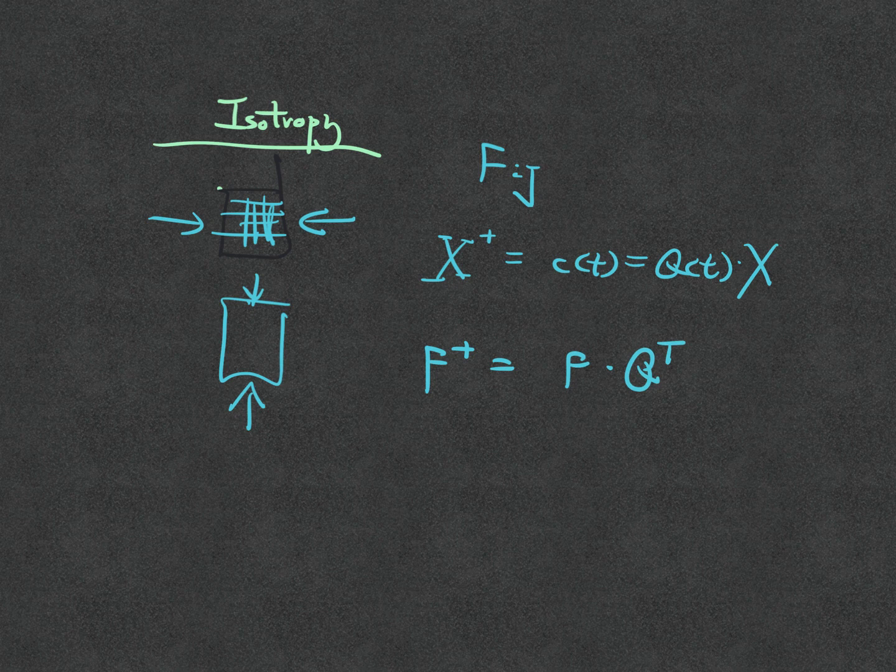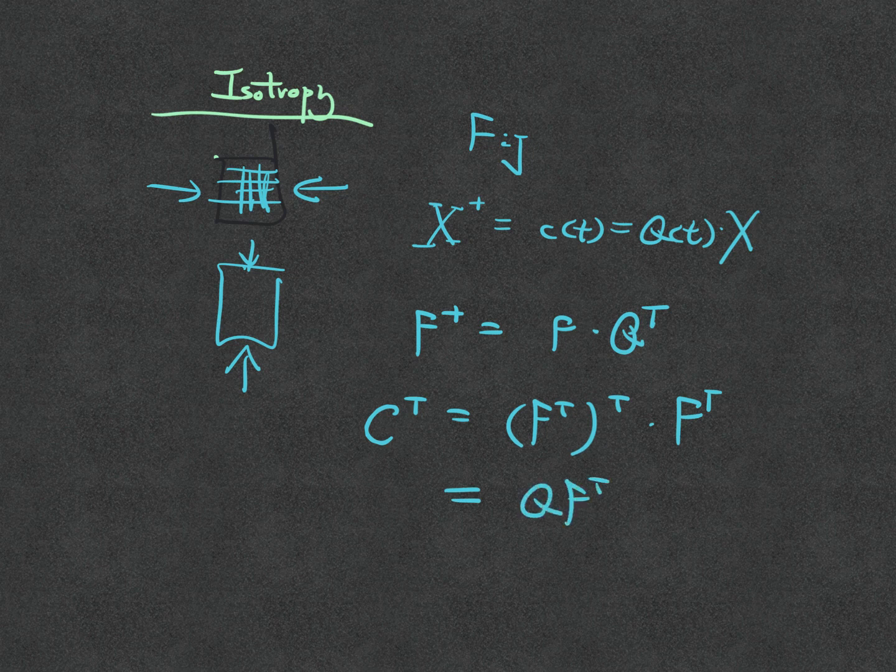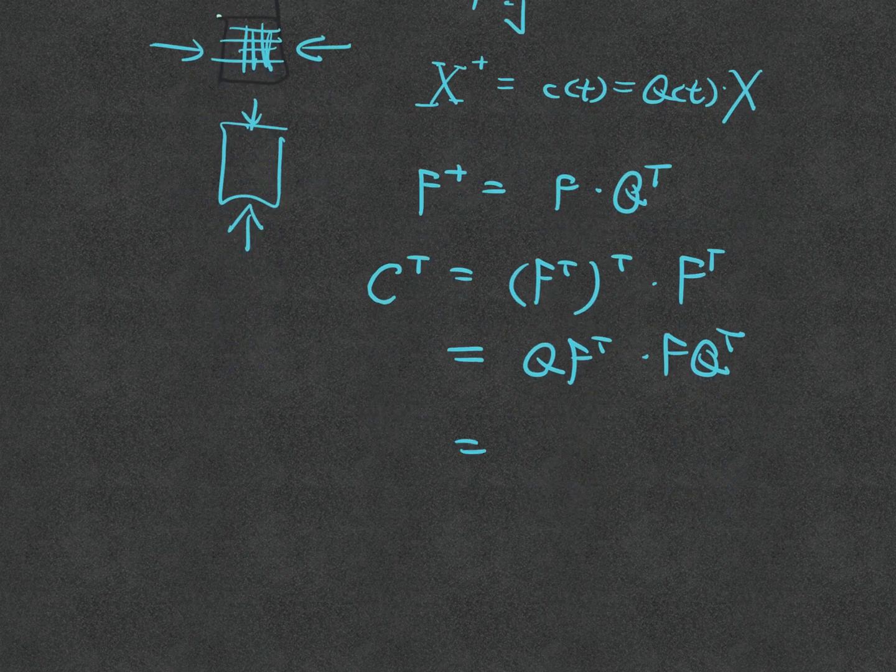So if I do that, then what happens is that C^+ would be equal to F^T·F, which actually equals Q F^T·F Q^T, which will be equal to Q·C·Q^T.